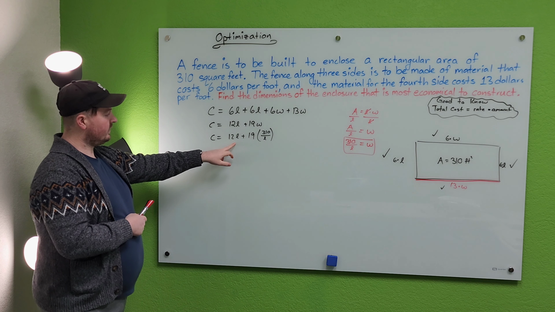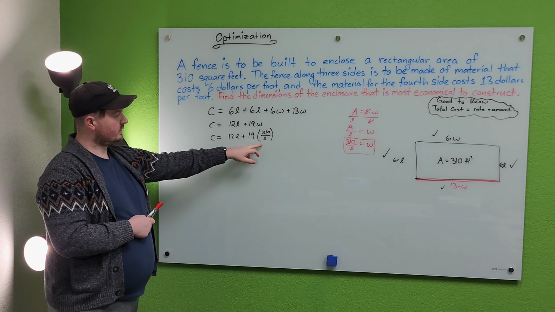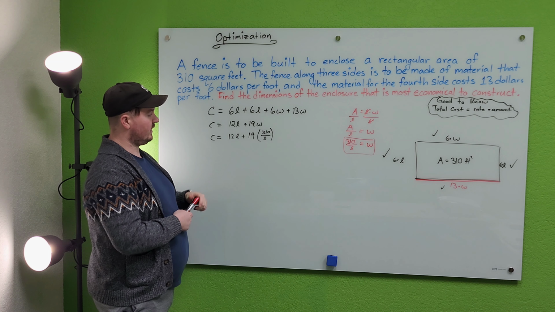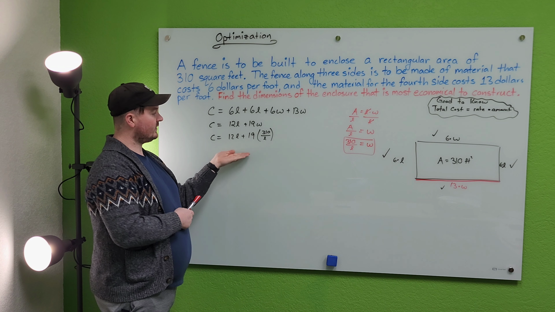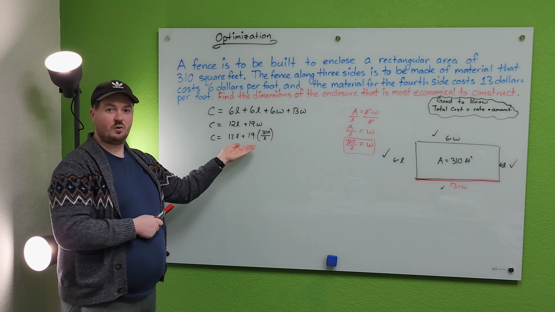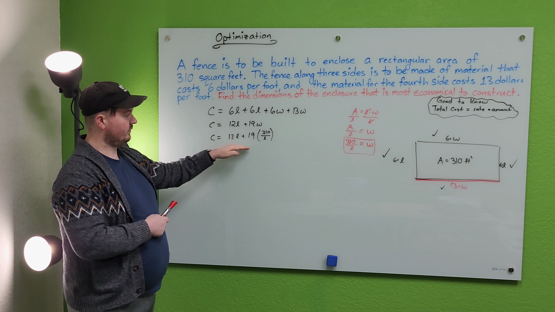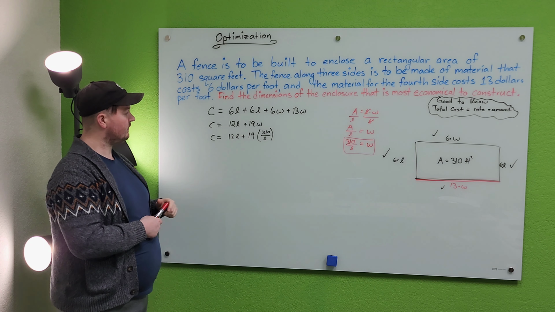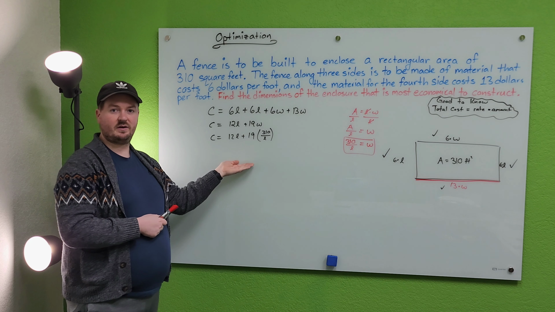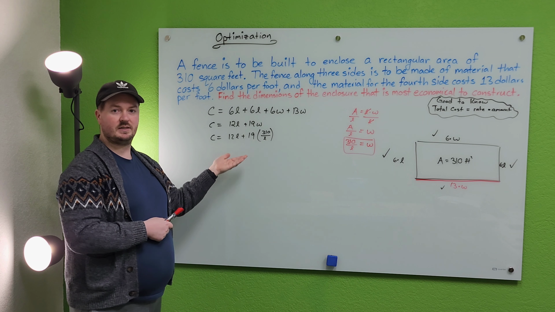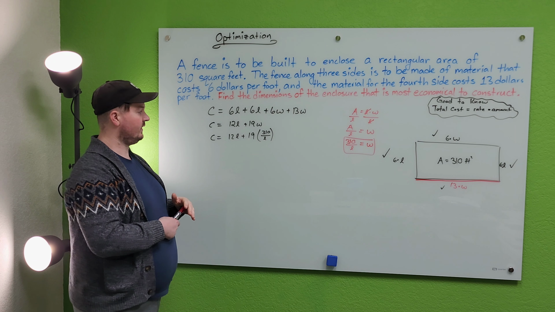Well, this is a linear term, and this term is rational where the only variable is in the denominator. Whenever you have this combination of terms, you always have a minimum, at least for the positive values of L. So we will have a minimum here, and if you wanted to check this for yourself, you could throw this equation into Desmos or any other graphing calculator.